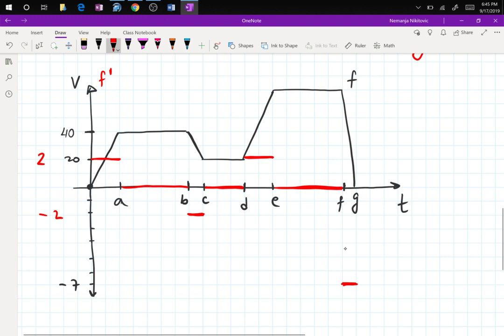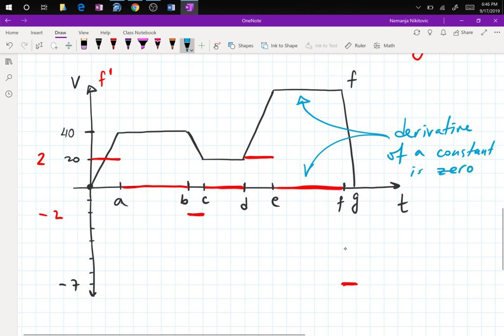So now we learned that, let's point with the blue, derivative of a constant is 0. Derivative of a constant is 0. So that's what we learned from this picture.